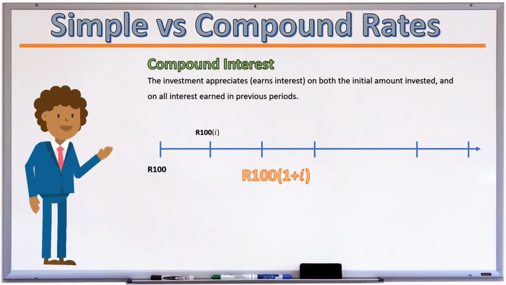If the investor chose to keep their investment in the account, then after two periods, their investment would be worth 100 times (1 + i) plus 100 times (1 + i) multiplied by i, seeing as though one would earn interest both on the initial amount invested, but also on interest earned from prior periods.